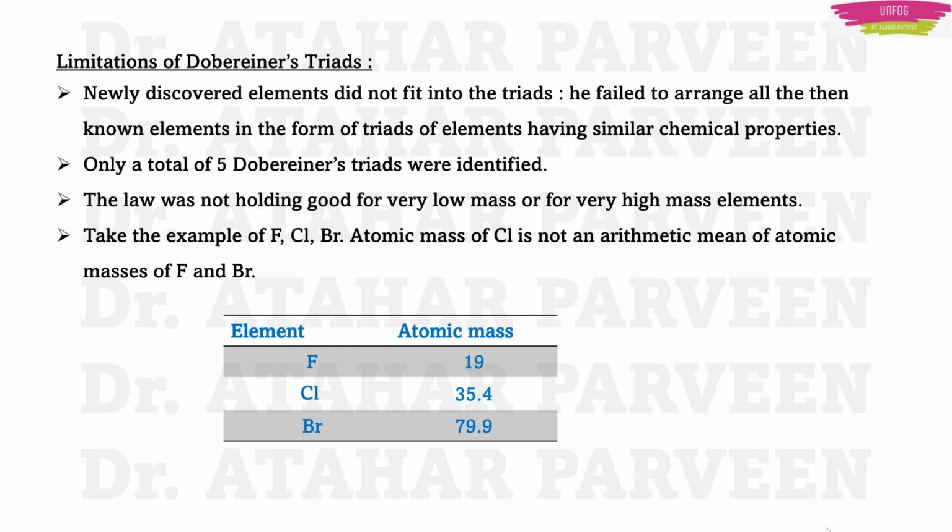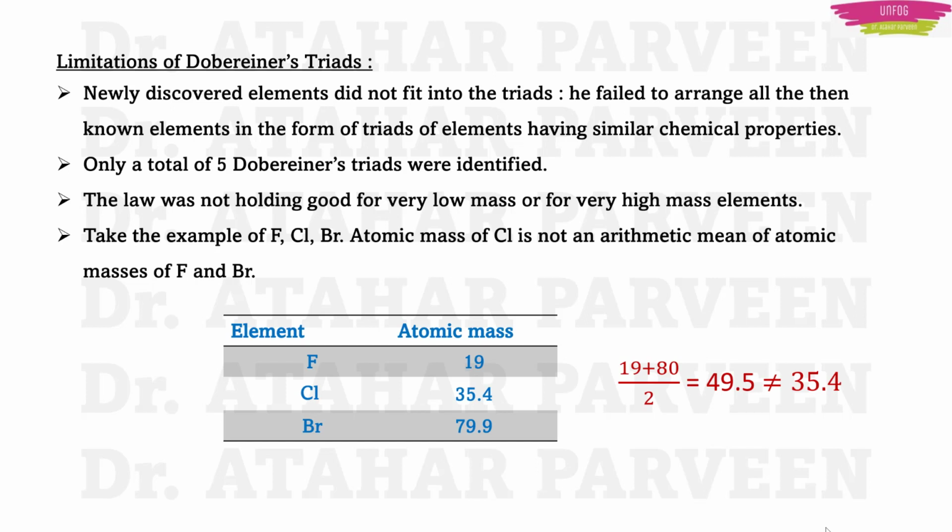If we want to find the criteria whether these 3 are Doberiner's triads or not, we do the average, right? We find the arithmetic mean. So if you find it, you can see that we are getting chlorine's atomic mass to be equal to 49.5, which is not true because chlorine's atomic mass is 35.4. So here Doberiner's triads fail.